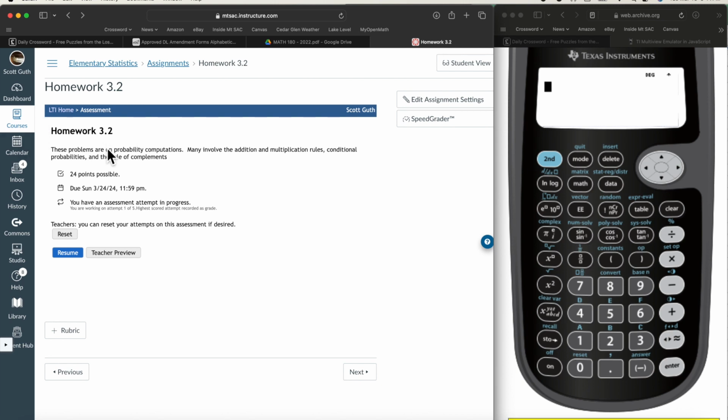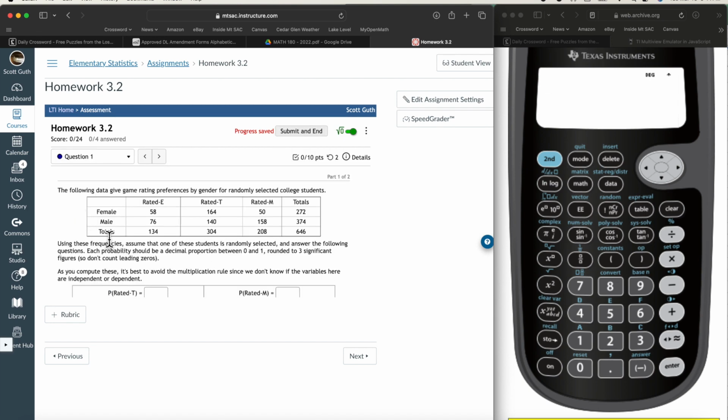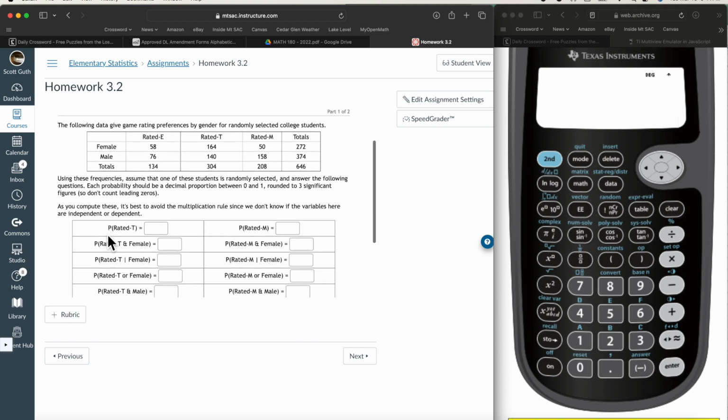Couple of problems in homework 3.2, so I think I'll go ahead and jump on in here. We'll look at the first question. Here we have again a two-way table where the person who gathered this data observed whether people report female or male in gender, and then they asked them what their favorite type of video game is in terms of the rating of the game.